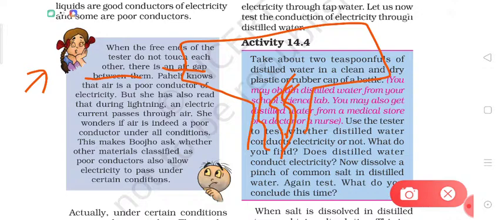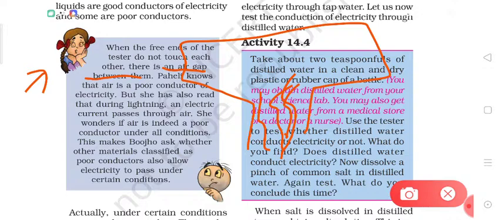What is the meaning of this? Paheli is thinking that when the two ends of the tester are separate, there is air between the two, and the electric current is not flowing because she knows that air is a bad conductor. But what happens when there is lightning? In those conditions, a strong electric current flows through the air. That means at that time the air becomes a good conductor of electricity.